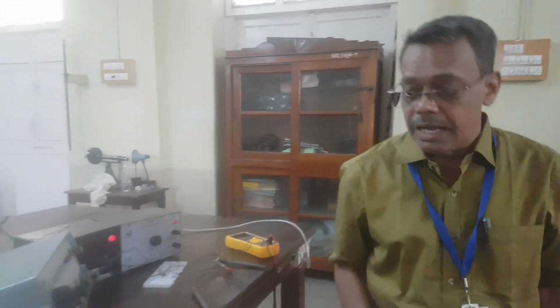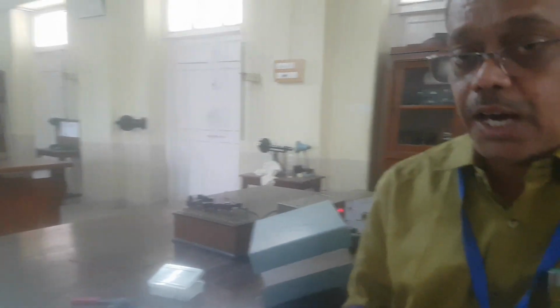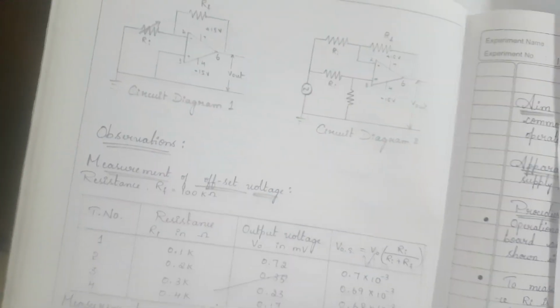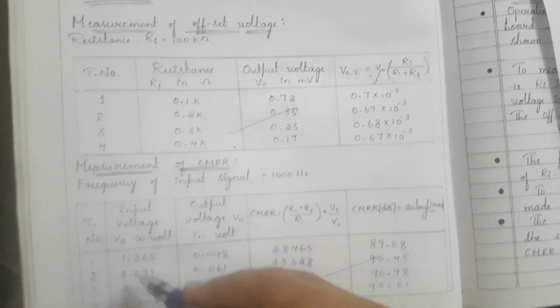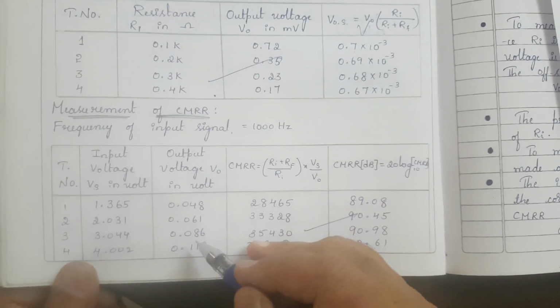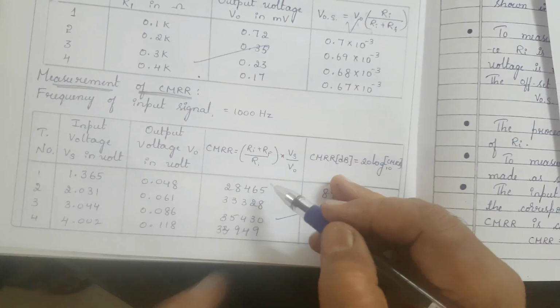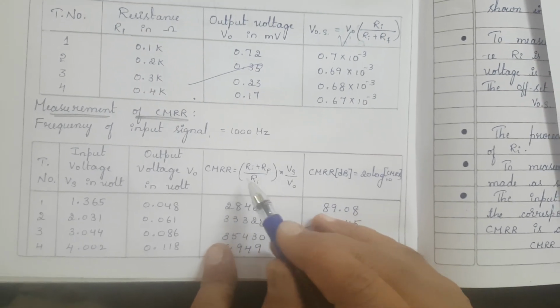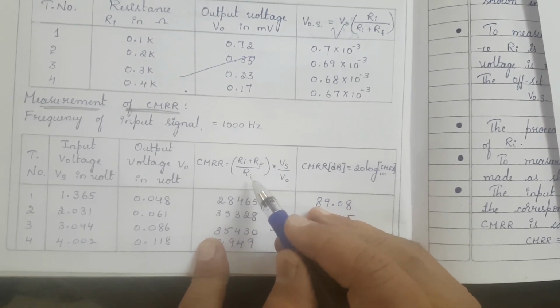So that's why this ability to reject the common signals at the inputs is known as common mode rejection ratio, CMRR. Here we have the tabular column. We have the input voltage, the AC voltage, and the corresponding output voltage we have taken, and we have calculated CMRR using this formula: Vs (Ri plus Rf) divided by Ri.